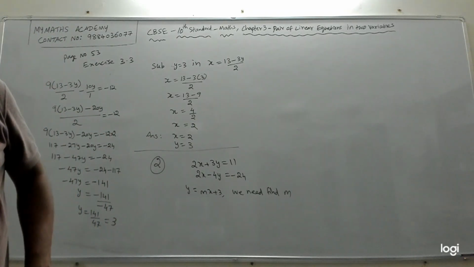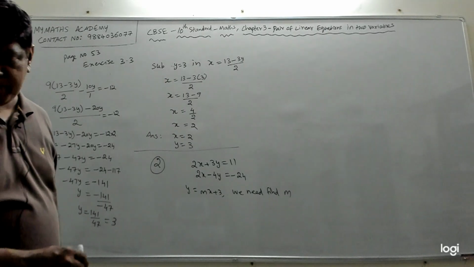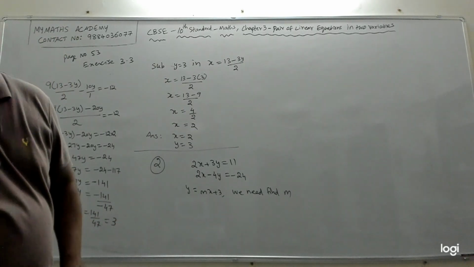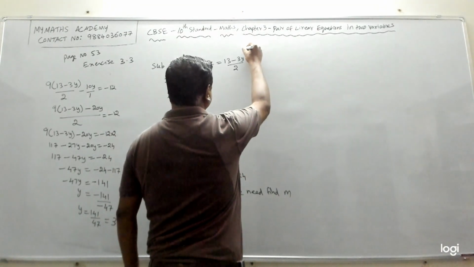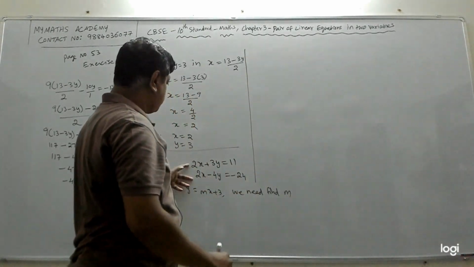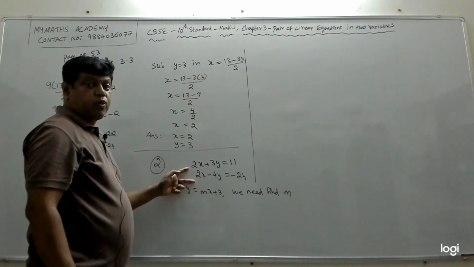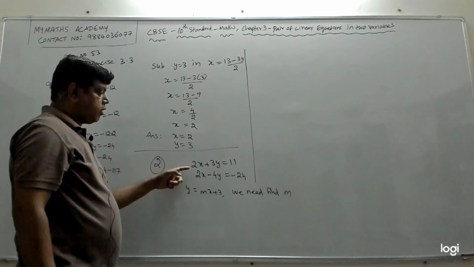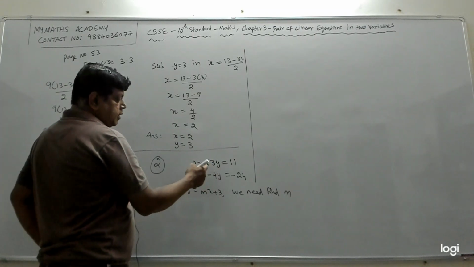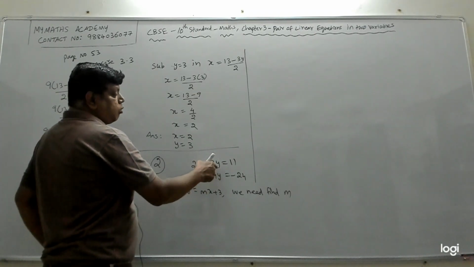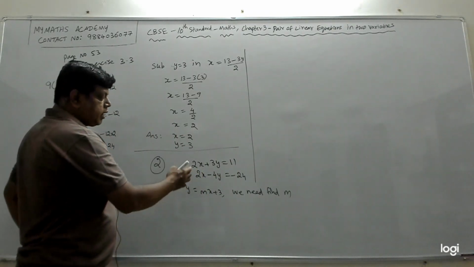Again, you have to solve this using the substitution method because we are in the section of substitution method. So now let's take these two equations. Here nothing is having coefficient of 1. No equation has either x coefficient 1 or y coefficient 1. So which means we can take any one.